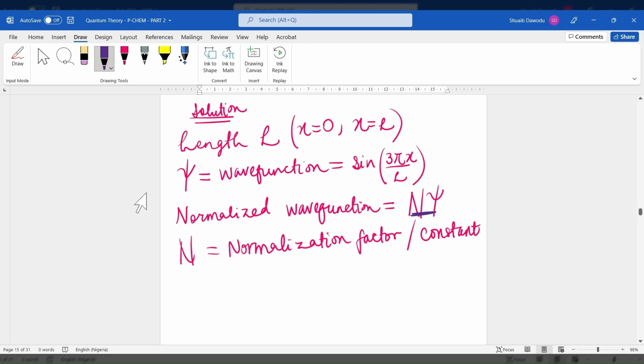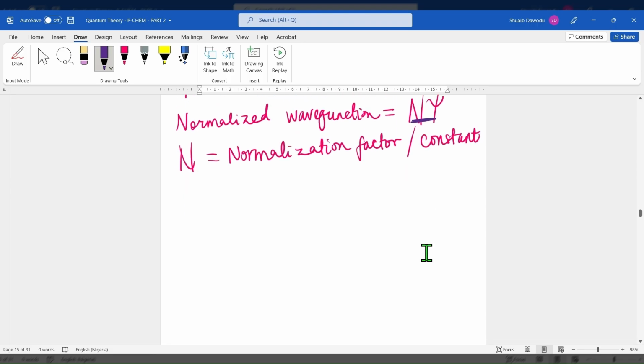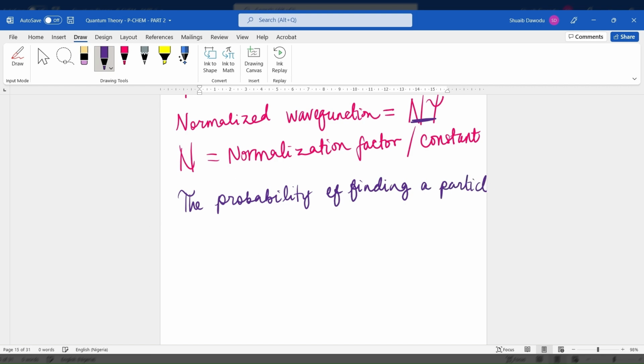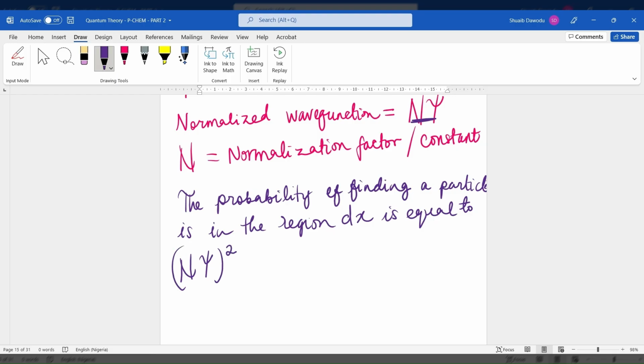So in order for us to go from all of this information to the answer that we're looking for, to determine the formula that we're going to use, we have to remember that the probability of finding a particle in the region dx is equal to the normalization factor times the wave function squared dx, which has to equal 1.